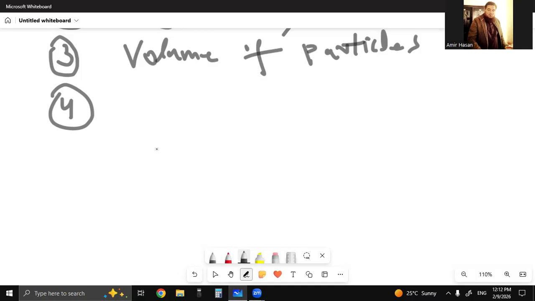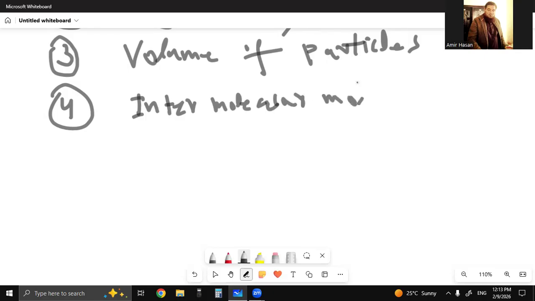The gaseous molecules do not attract each other. Their internal attraction is very low. It means there are almost no intermolecular forces. Kinetic energy is higher, which means potential energy is lower.